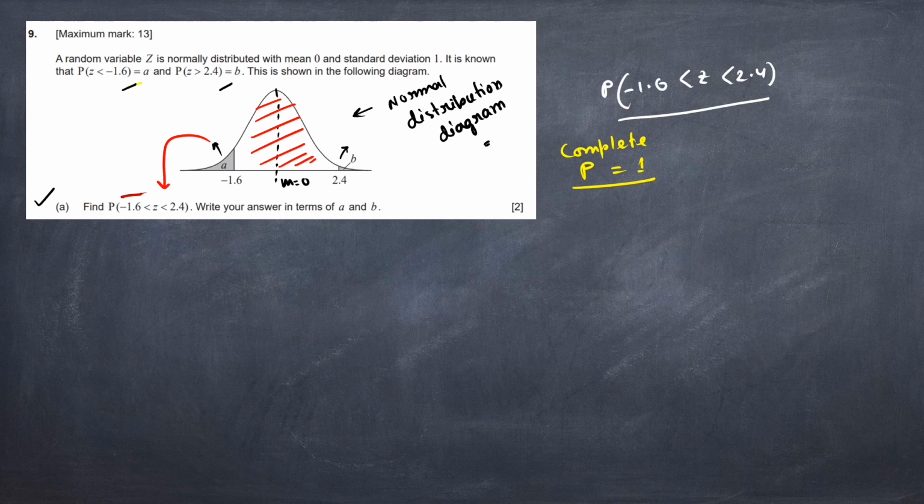So we can conclude that the middle area will be 1 minus (a plus b), because these are the two side areas that we need to deduct.